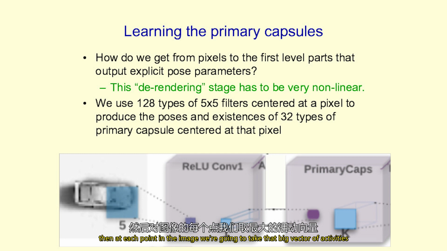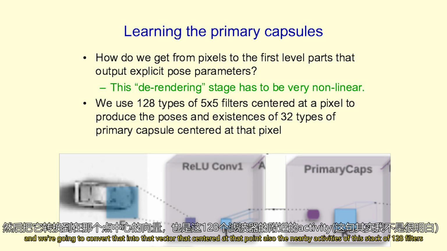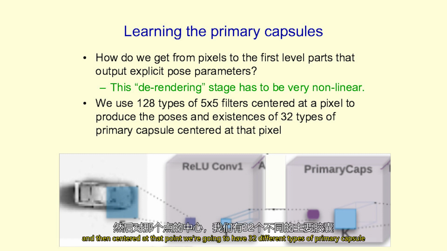Then at each point in the image, we're going to take that big vector of activities, and convert that into that vector of activities centered at that point, but also the nearby activities of this stack of 128 filters. And then centered at that point, we're going to have 32 different types of primary capsule.